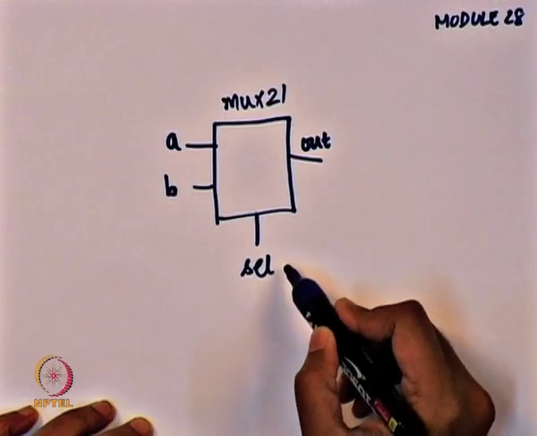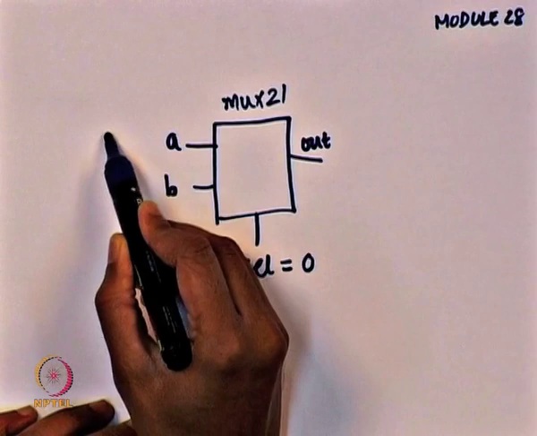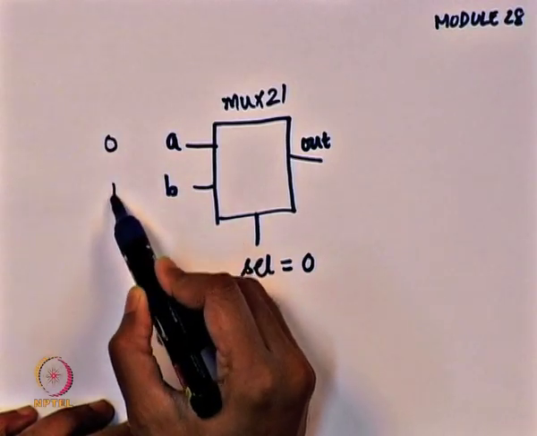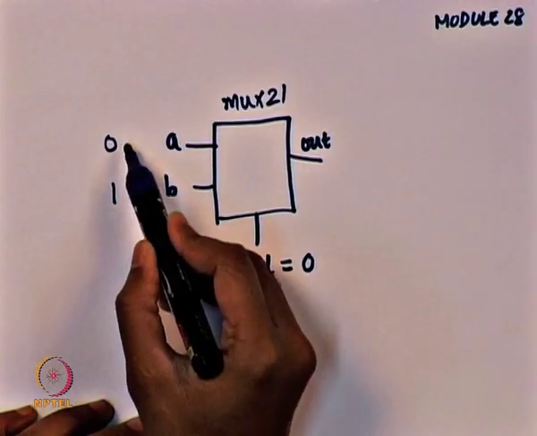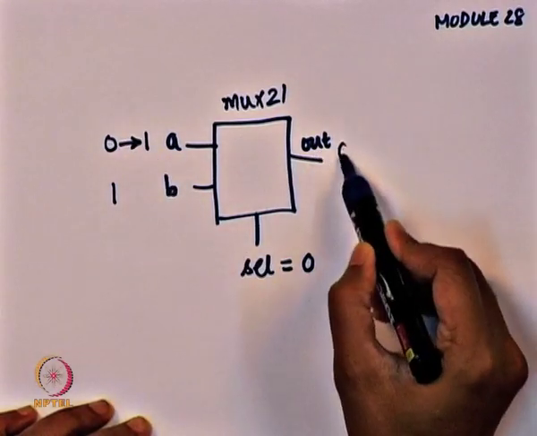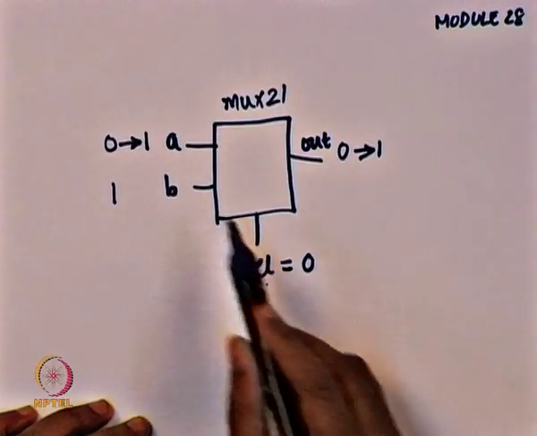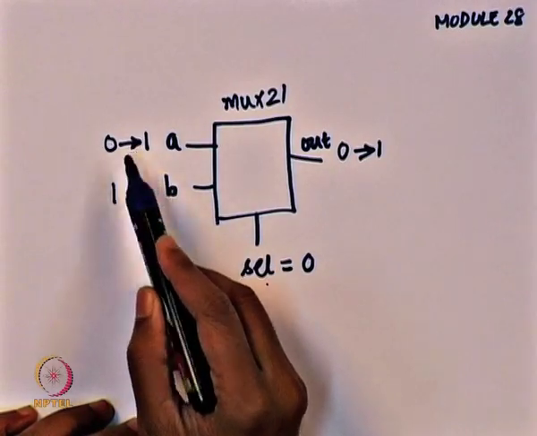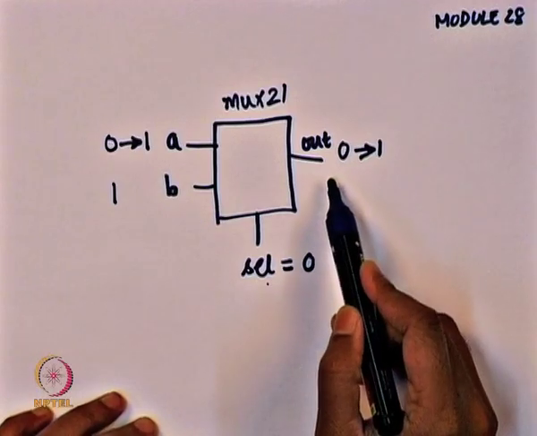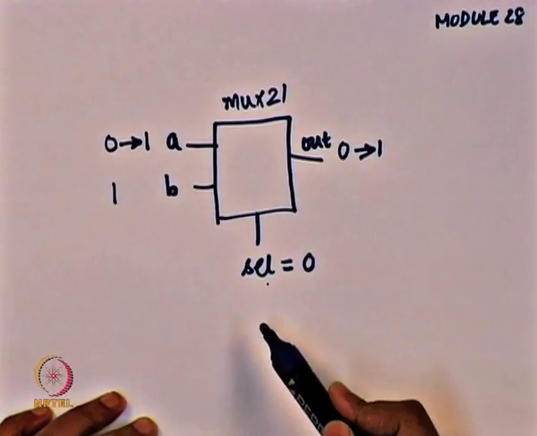For example, let us say select was 0 and A was initially 0 and B was 1, and if A went from 0 to 1, we would expect the output to go from 0 to 1, because select is 0 and A is going from 0 to 1 without changing anything else.